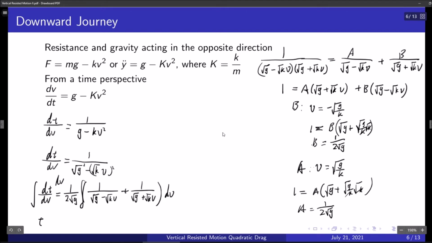so we end up with t equals 1 over 2 square root of g.